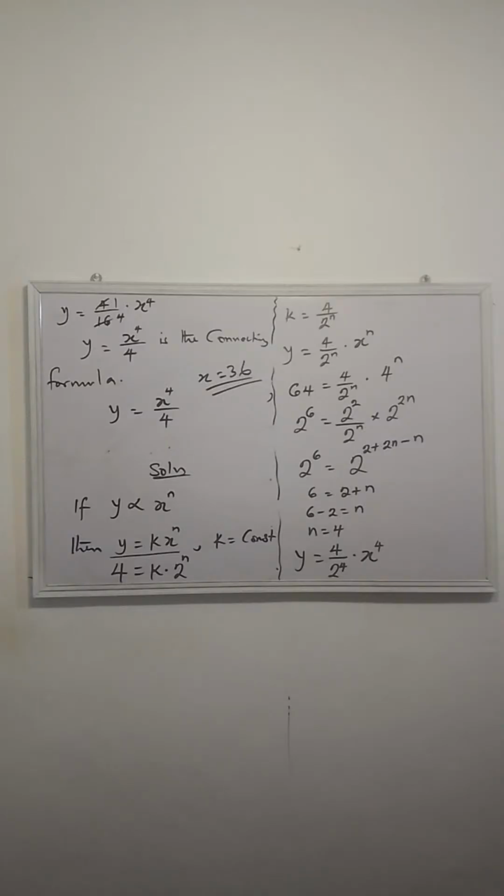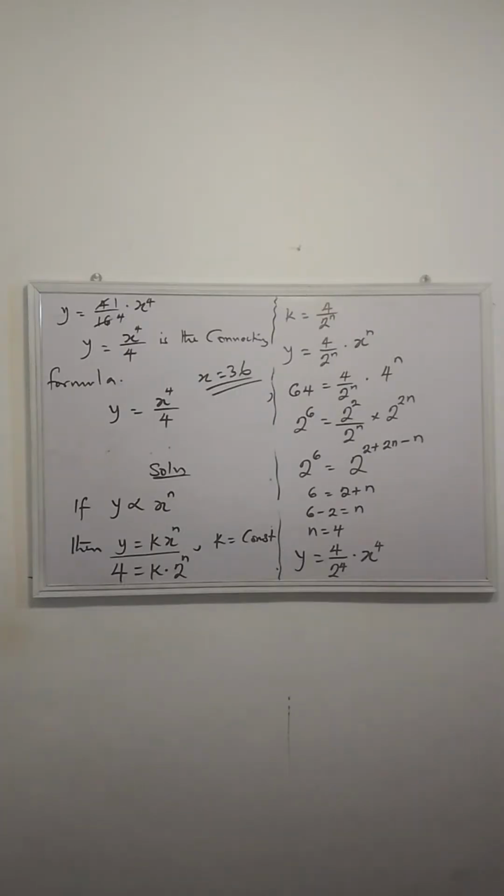Yes, City Cats. What is your answer? Okay, I can see someone. That's 2 raised to the power of 2 raised to the power of 14. How do you get that? How do we get that? Okay, another person. All right, fine.